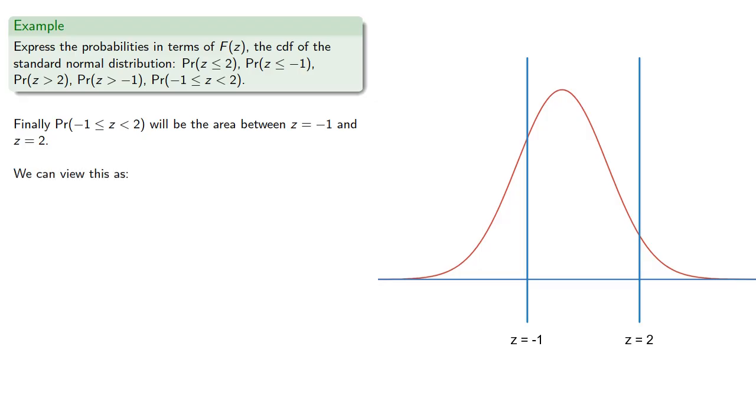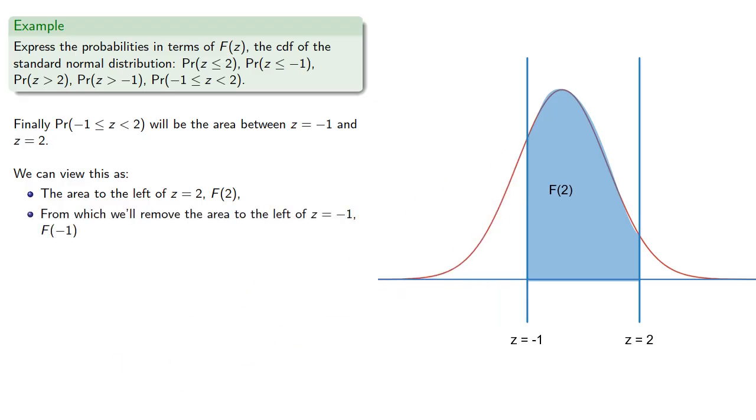We can view this as the area to the left of Z equals 2, which is F of 2, from which we'll remove the area to the left of Z equals -1, which is F of -1. And so this probability is the difference between those two CDF values.